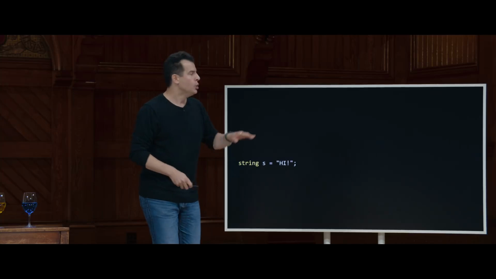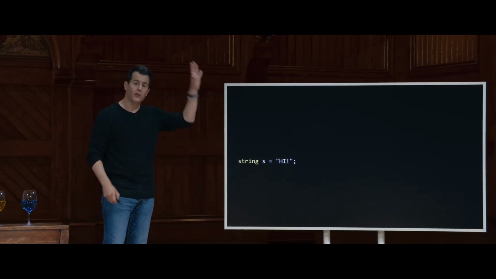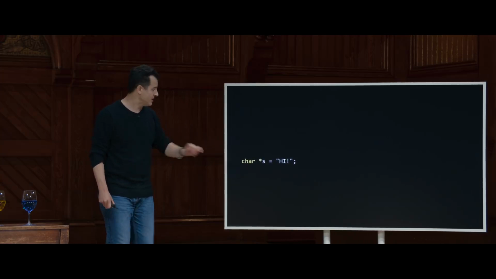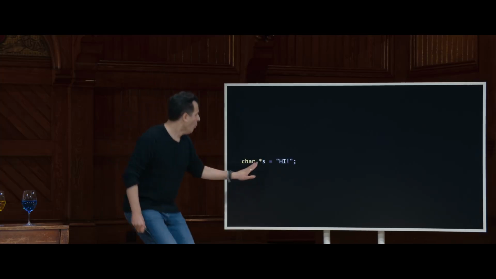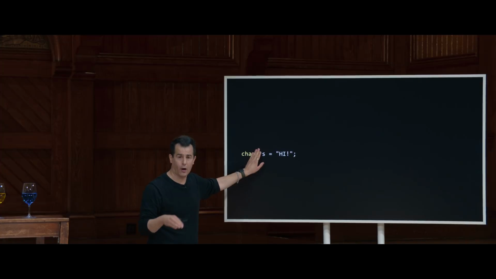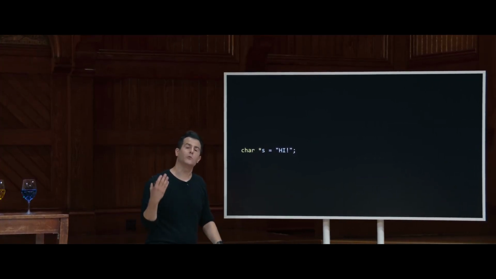So here, when I claim that string has never really existed except within the confines of CS50, technically the data type of a string is best expressed as char star. Why? Well, a string clearly can't just be a char, because a char by definition is a single character. A string, we already know, is a sequence of characters. But how can you represent a sequence of characters?